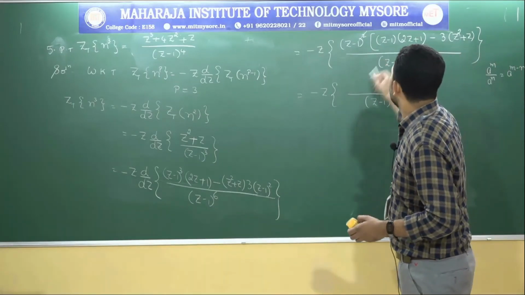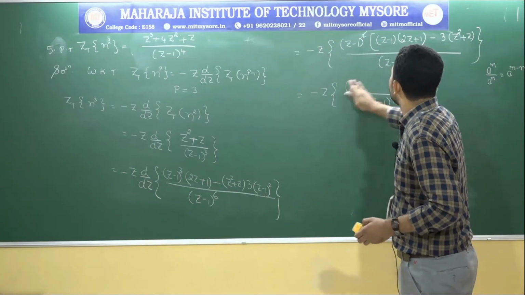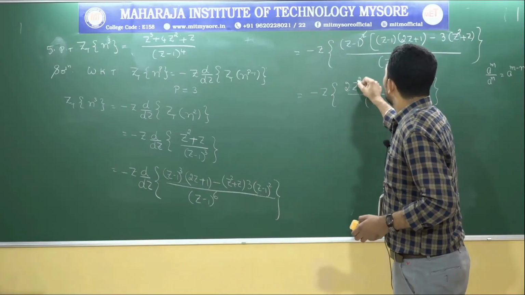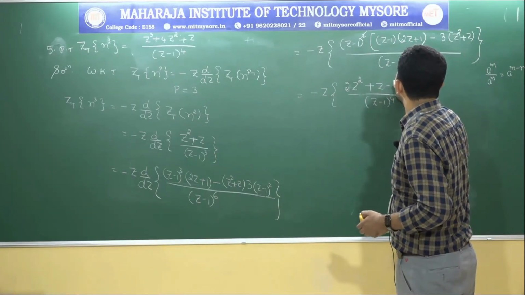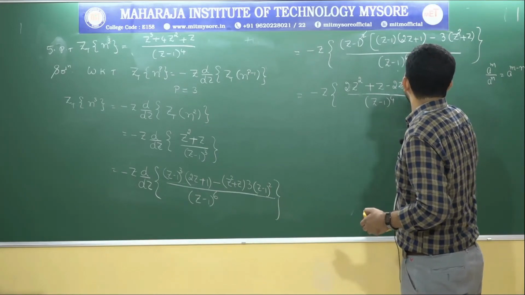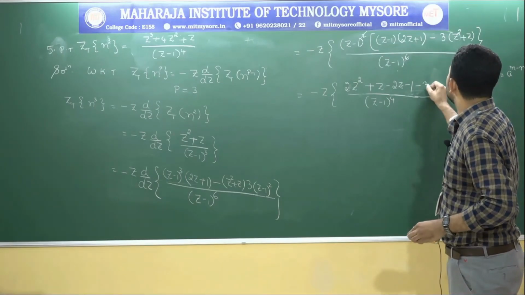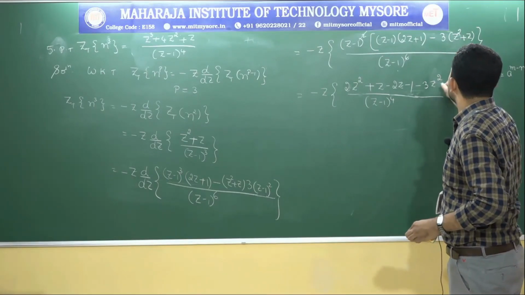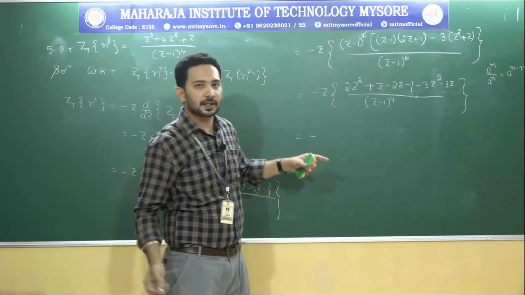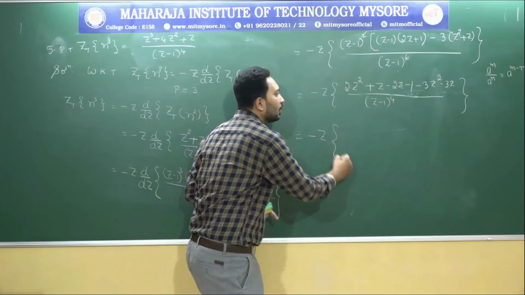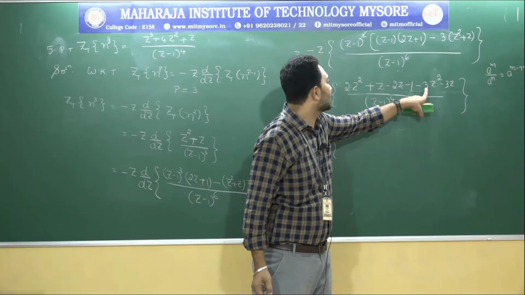So this becomes z minus 1 into 2z plus 1, that is 2z square plus z minus 2z minus 1, and this is minus 3z square minus 3z. Next, minus z into: here we have 2z square, and here minus 3z square.